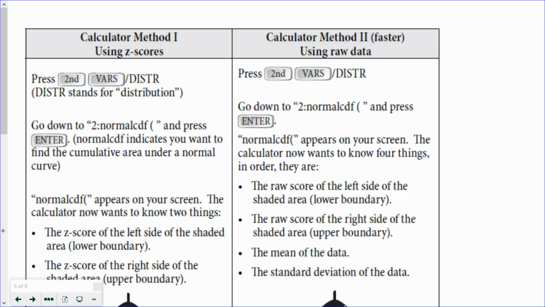So what you do, TI users, is you press second, so your yellow button or whatever color it is on your calculator, and then VARS. So it's just kind of below your up, down, side keypad. So when you press second VARS, you're actually looking at distribution, DISTR.